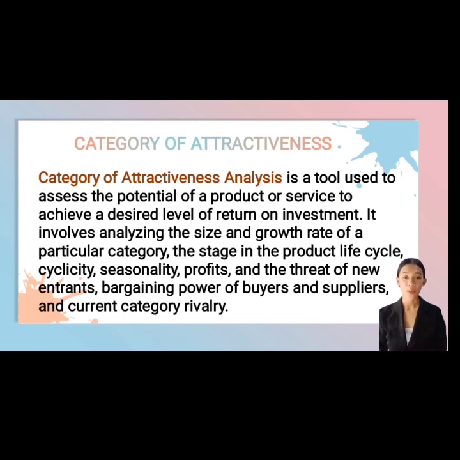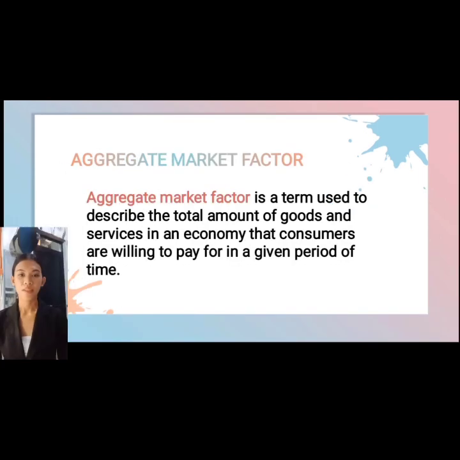For example, a company will launch a new product in a market. With the help of category attractiveness, dito natin madedetermine if malaki ba ang potential ng product or services na to na mabenta or maging successful sa market. Yun yung tinatawag na category of attractiveness.